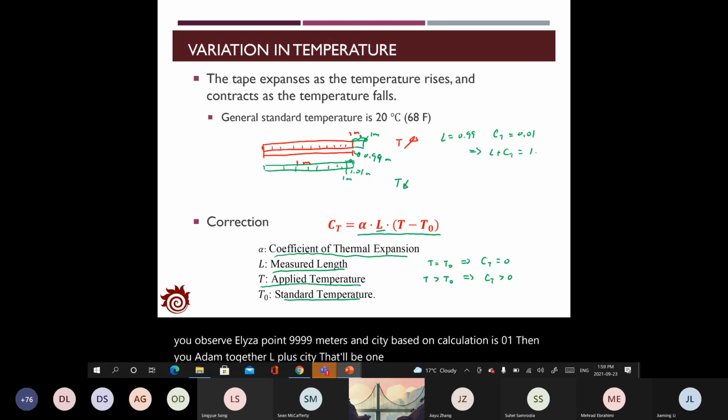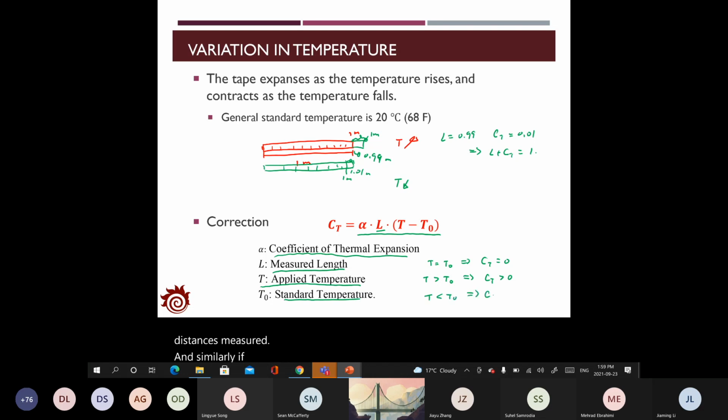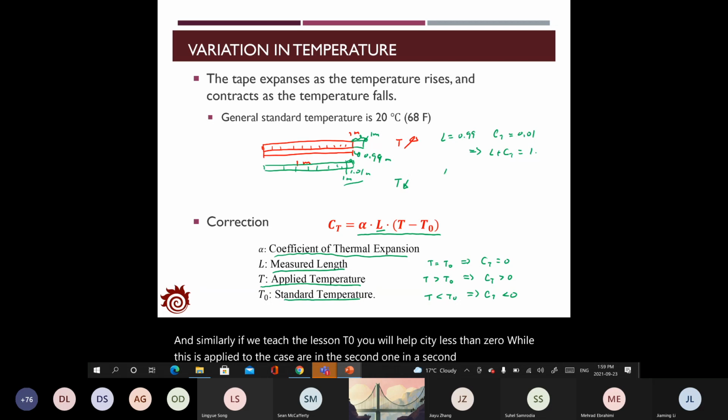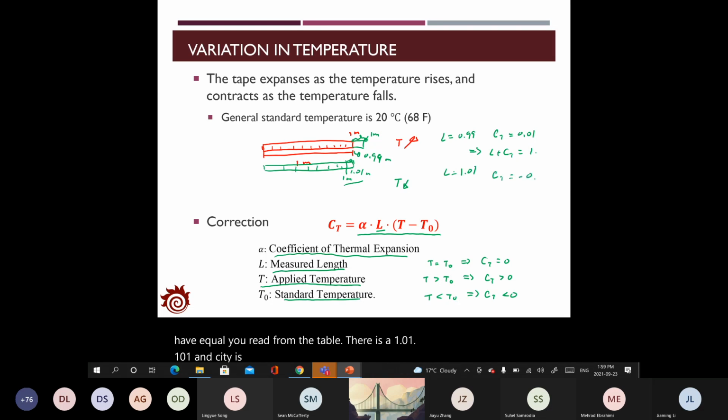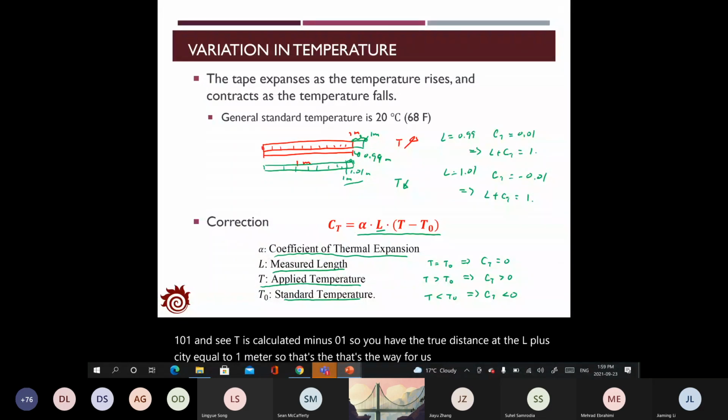That's the true distance you measured. Similarly, if T is less than T0, you will have C_T less than 0. This applies to the second example. You read from the tape L as 1.01, and C_T is calculated as minus 0.01. So the true distance is L plus C_T, equal to 1 meter. That's the way for us to apply the correction for the temperature.